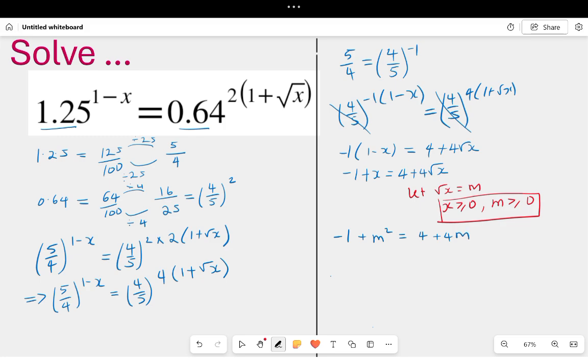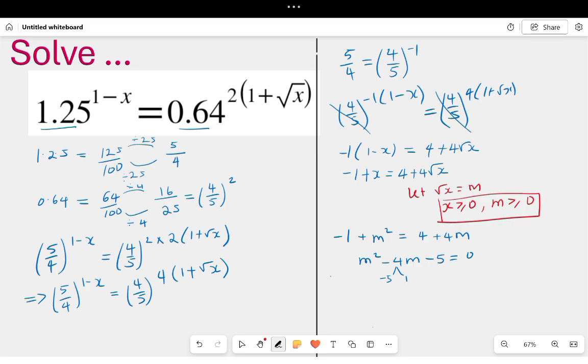Reorganizing this, we are going to get m squared minus 4m minus 5 is equal to 0. Now we factorize this equation. We are actually going to find two numbers that, when you add, you get negative 4, and when you multiply, you get negative 5. The numbers are negative 5 and 1.